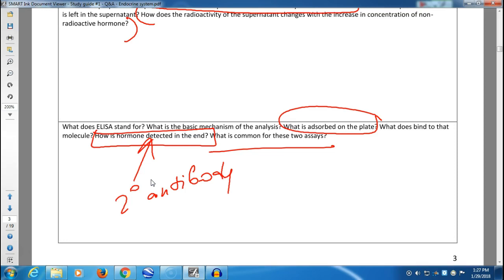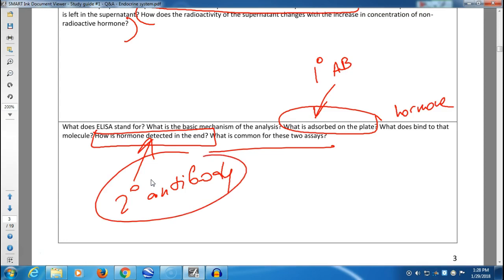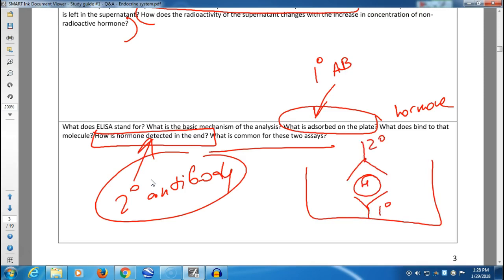That's why it is so specific. So that's going to be the primary antibody, that's going to be the hormone, and that's the secondary antibody. Essentially, if you have a plate, that's the primary antibody, that's the hormone, that's the secondary antibody.